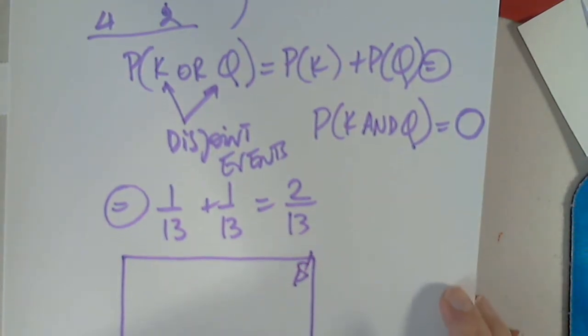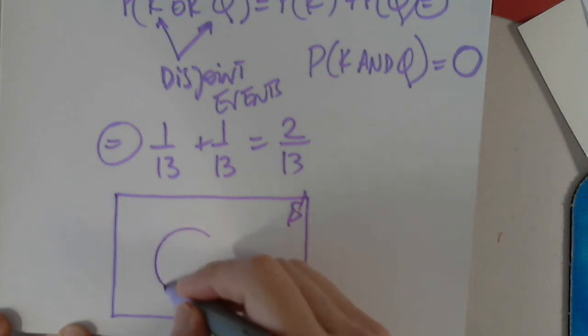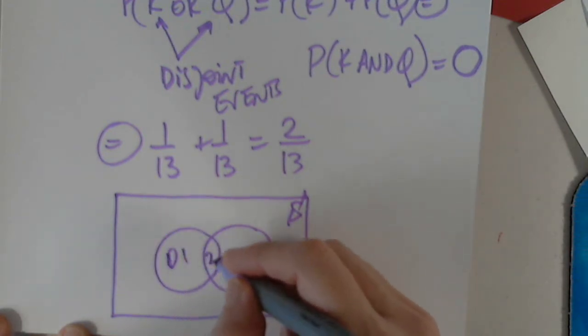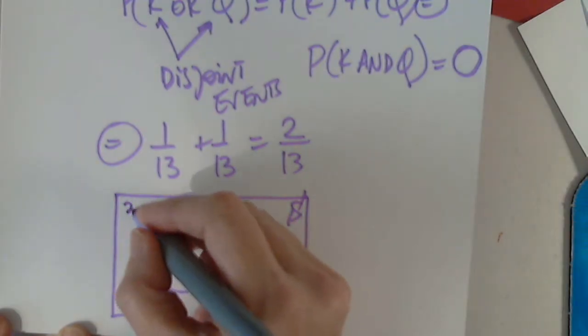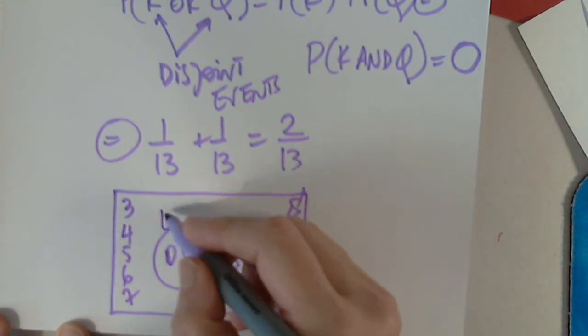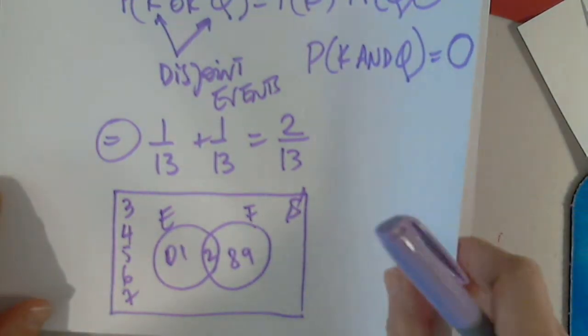Here's the sample space, everything that can happen. And I created another 0, 1, and 2, and 8, and 9. And we have 3, 4, 5, 6, and 7. This is E, and this is F. You can call them A and B, or anything you like.